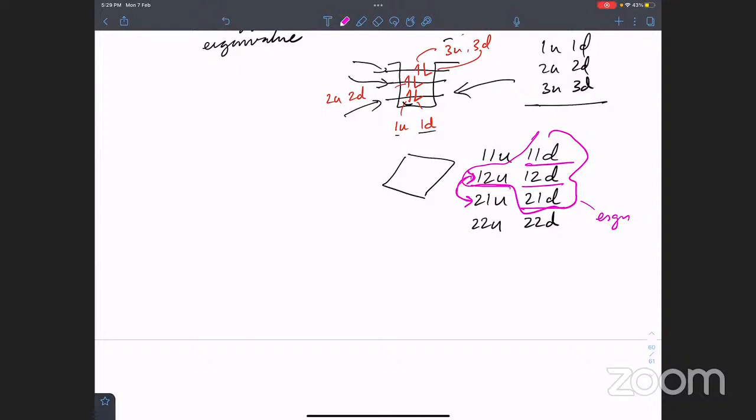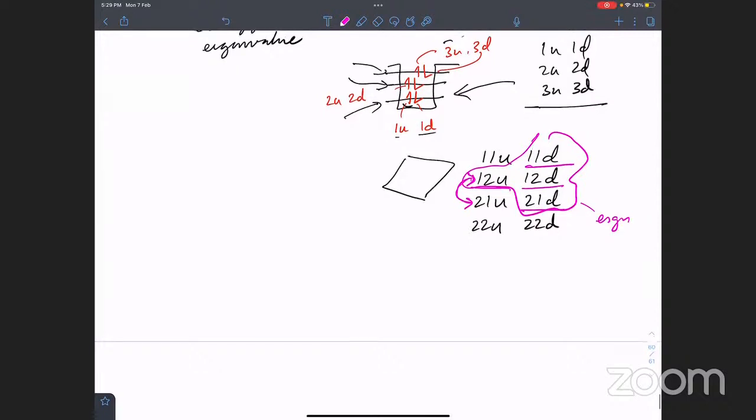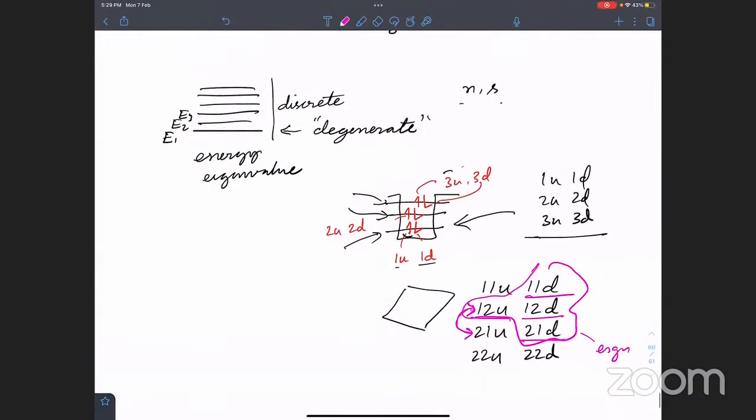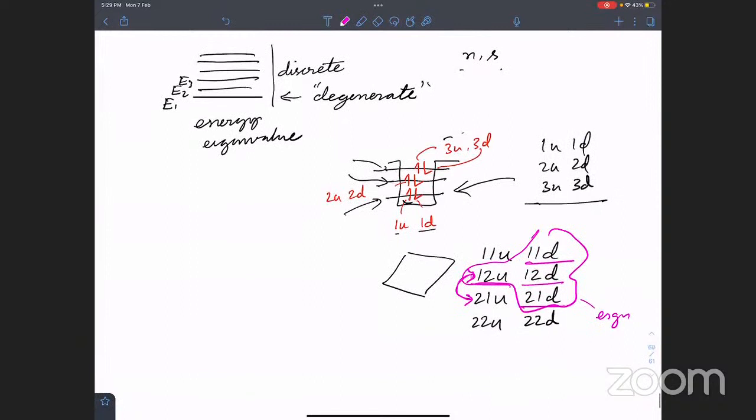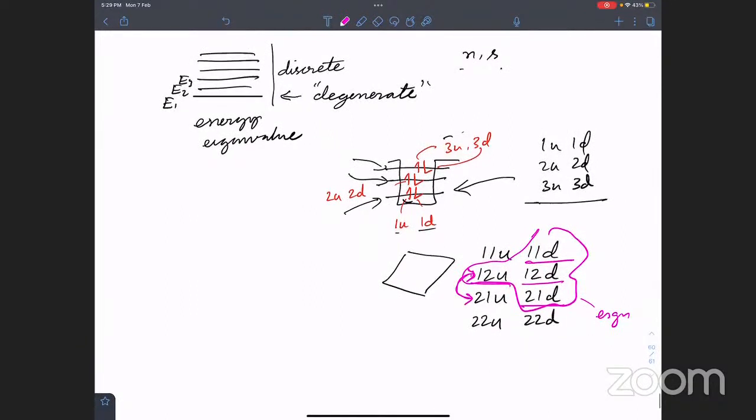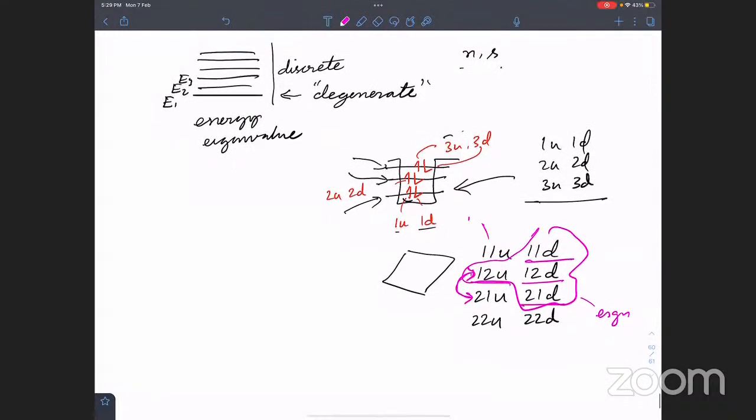Sir, what is the meaning of degeneracy? Every state has an eigenvalue, right? Energy eigenvalue. Then sir, you said something like a 2 degeneracy. So every state has some energy associated with it, eigen energy. Let us say 3 of these states can have the same eigen energy.